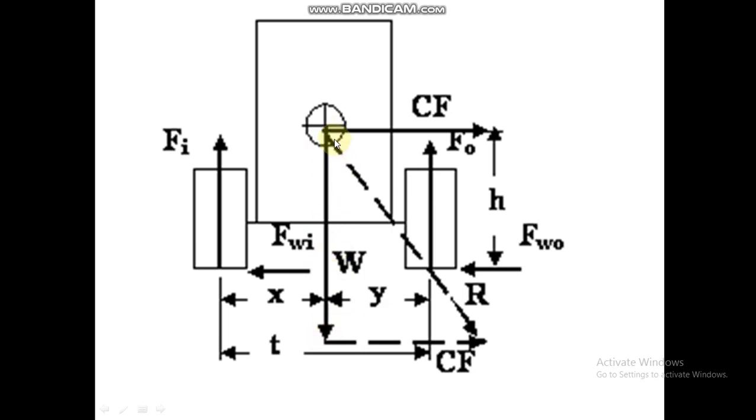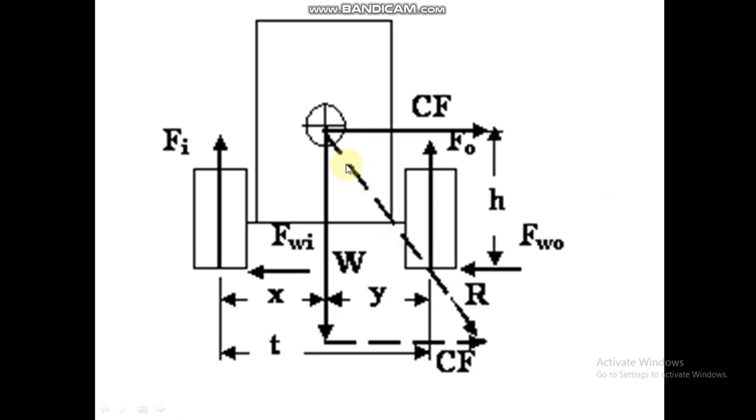The resultant of these two forces is represented by a dashed line, which is R, and it is passing through the center of the outer wheels. If the resultant is passing towards the left of the center of the outer wheel, then your vehicle will not overturn. But if this resultant is shifted a little towards the right of the center of the outer wheels, then your vehicle will definitely overturn.